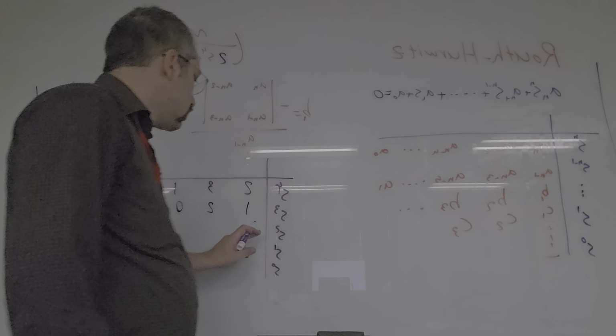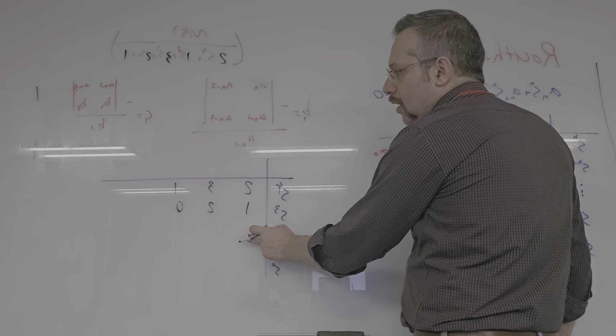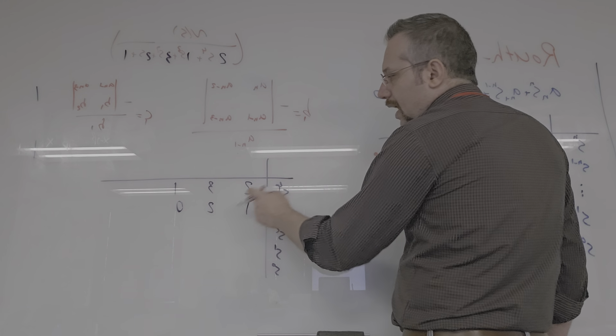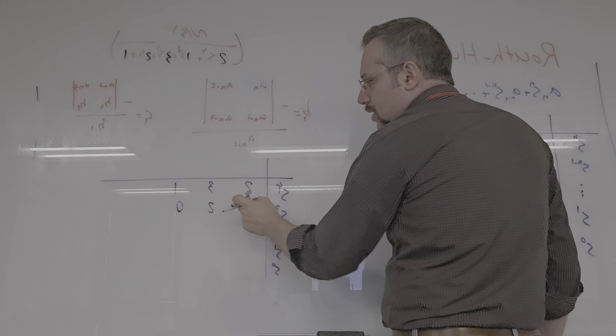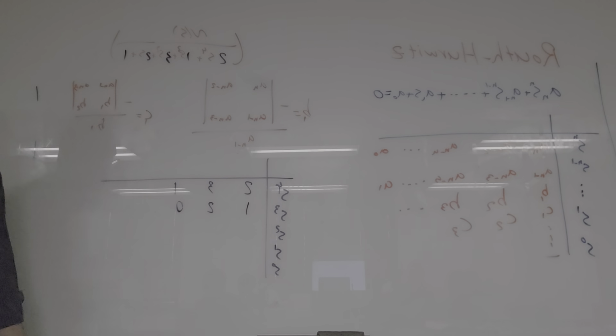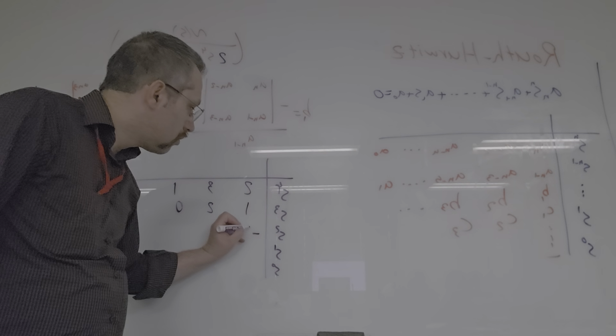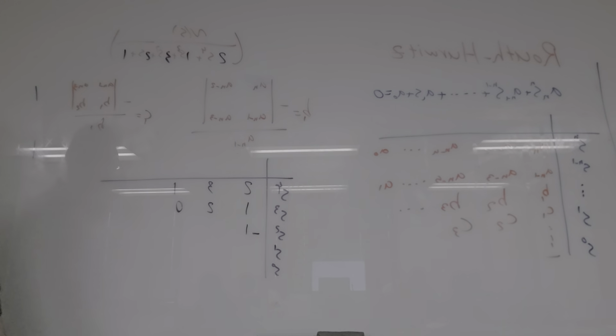Now, what's going to be this value? B1 is going to be the negative determinant of this matrix. So it's going to be 4 minus 3, which is 1. Negative of that is minus 1, divided by the bottom left one, so it's going to be minus 1.